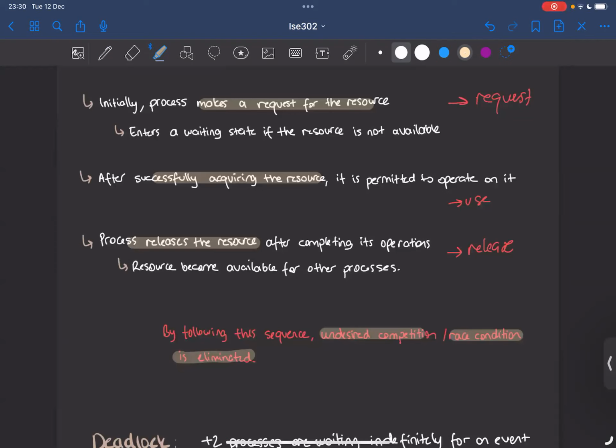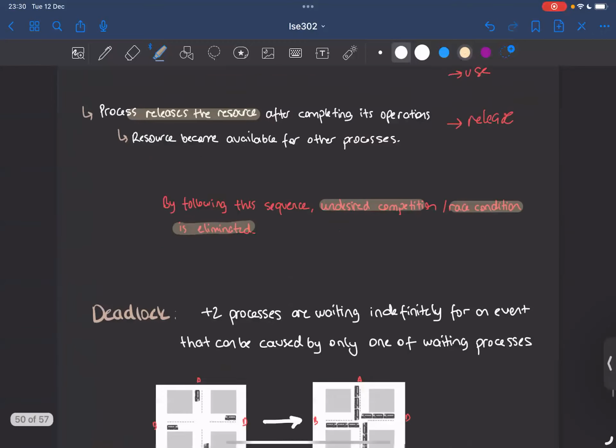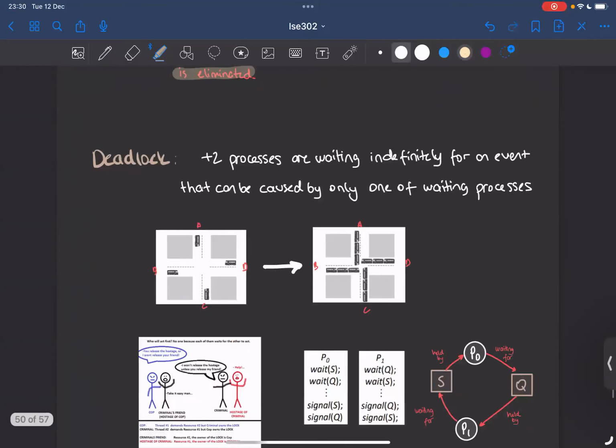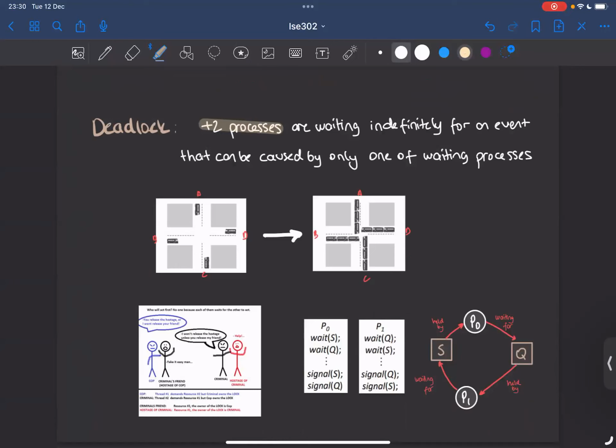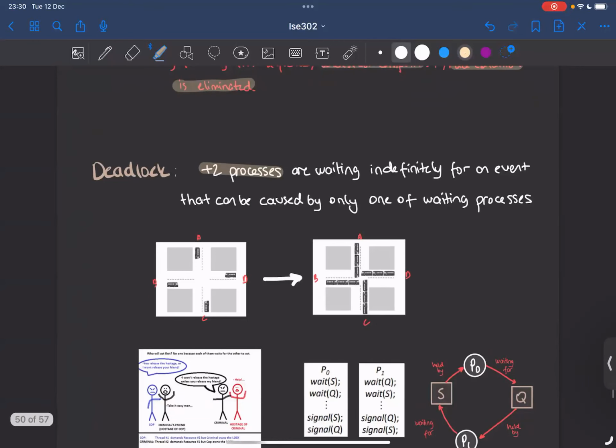Any failure can result in deadlocks, as illustrated in the dining philosophers problem that we saw last week. So a deadlock in an operating system basically occurs when 2 or more processes are unable to proceed because each is waiting for the other to release a resource.